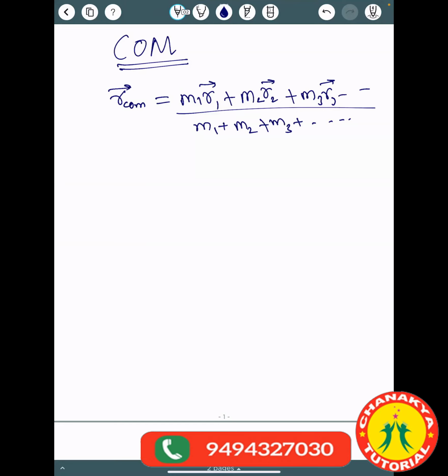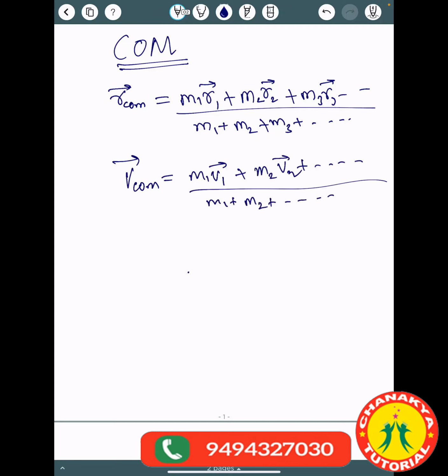So if I differentiate this whole thing, what will I get? Velocity of center of mass. That is given by m1 v1 plus m2 v2 plus and so on, divided by m1 plus m2 plus and so on.